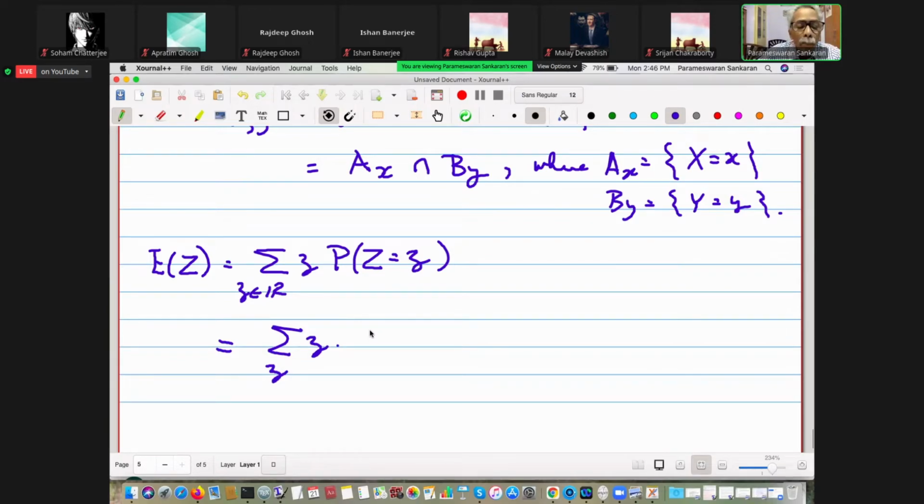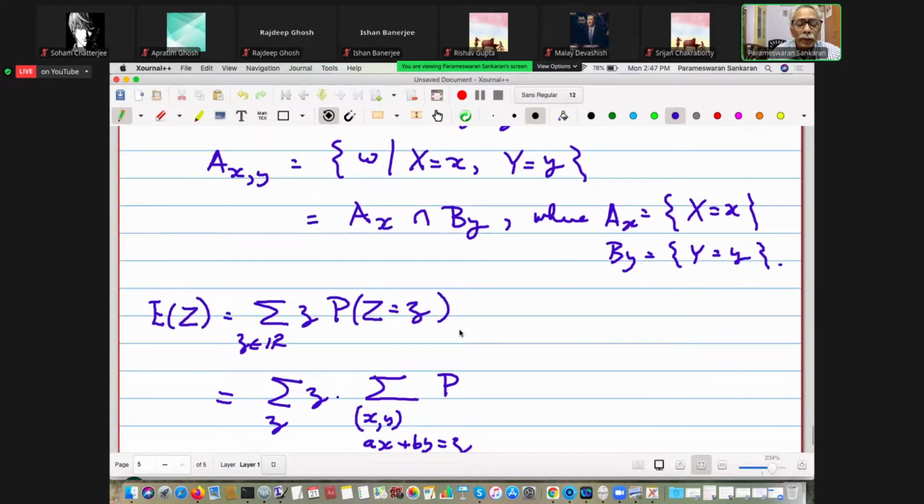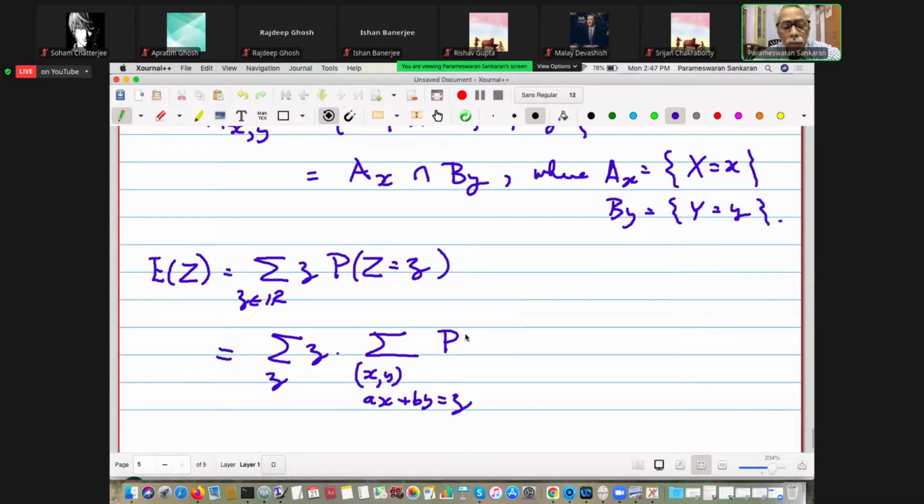Anyway, so this is equal to the summation over z of z times the probability, and I'm going to write here the sum over the pairs (x, y) such that ax plus by is equal to z. And here the probability of the event A_{x,y} occurring, okay, which we may write. I'll just skip maybe one step. Okay, let me write it as A_{x,y}.